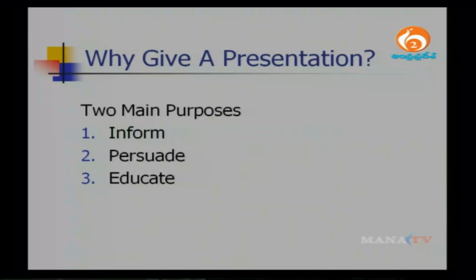What is persuade? It simply means interaction. If you can see the slide, we have persuade and educate.